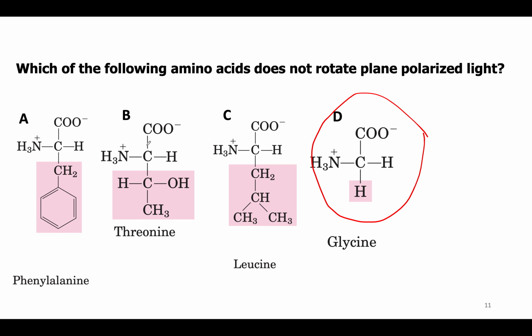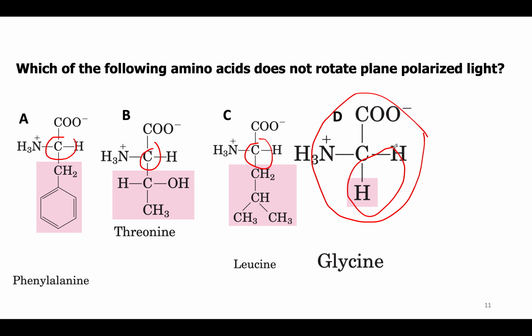Because if I look at all the other amino acids, you can see here the carbon is bonded to four different chemical moieties. Only in glycine there are two hydrogens attached to two different hands of the carbon, which makes glycine optically inactive. So glycine is the amino acid that will not rotate plane polarized light.